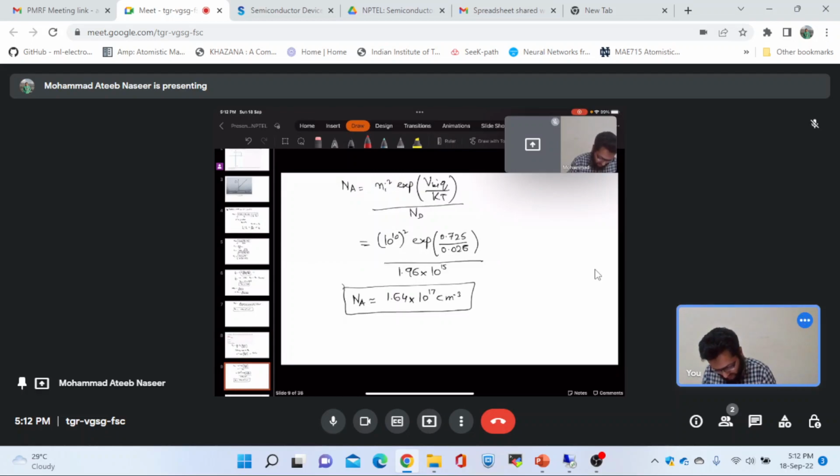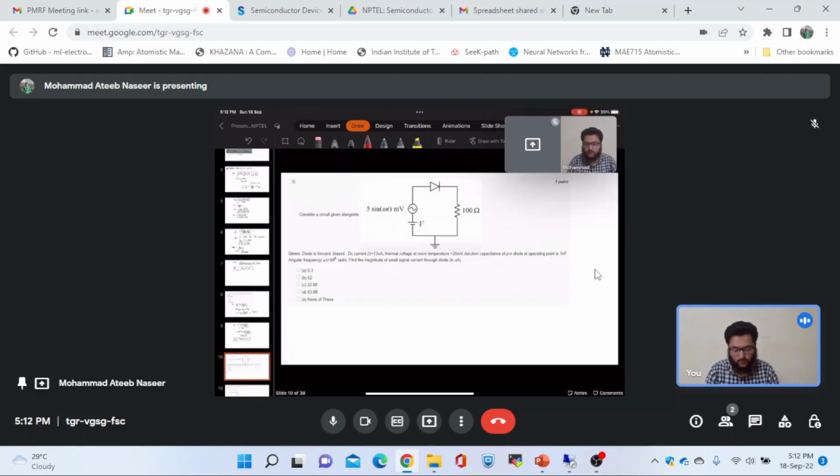Now let's move towards another problem which states that there is some diode which is in forward bias, and the DC current flowing through this diode is 13 microampere, and the thermal voltage is 26 millivolts.